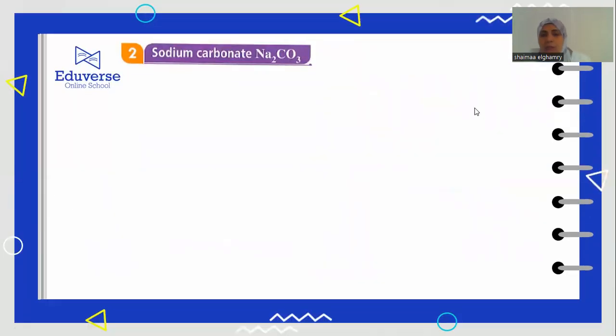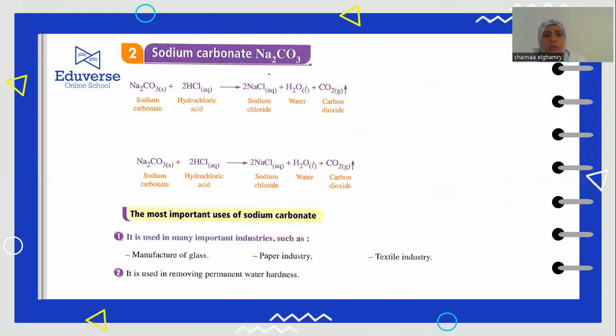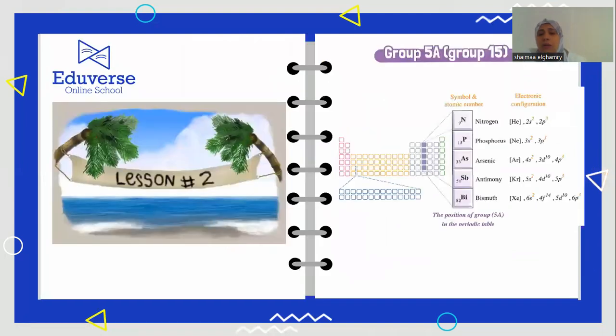Sodium carbonate, Na2CO3, plus HCl gives us NaCl plus H2O plus carbon dioxide. Sodium carbonate is used in the paper industry, the textile industry, the manufacturing of glass, and in removing hardness of water.